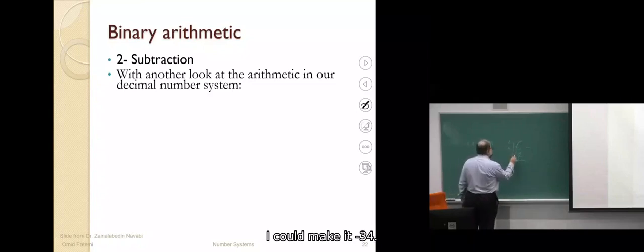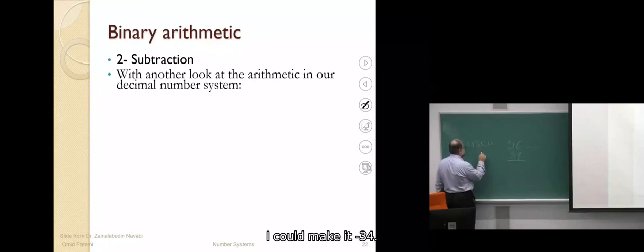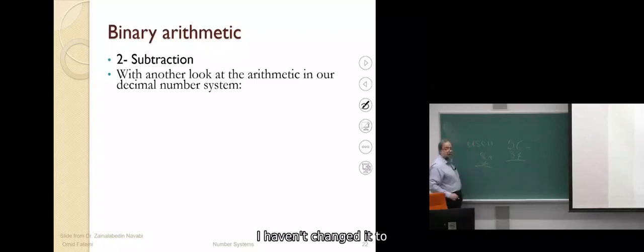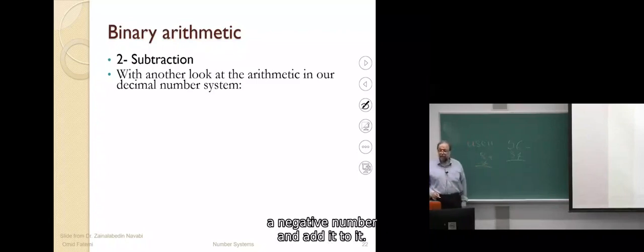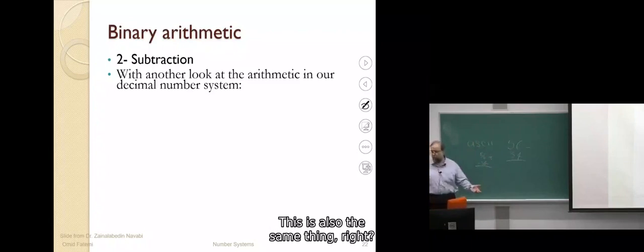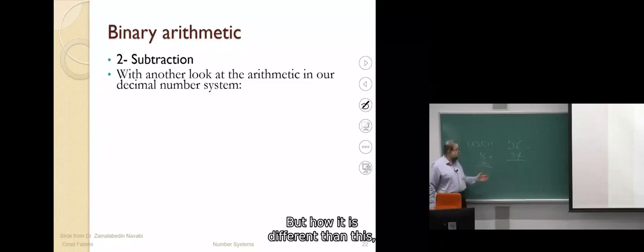I could write 56 plus minus 34. I will change it to a negative number and add it to it. This is also the same thing. Is that right? Okay. But how is it different than this?